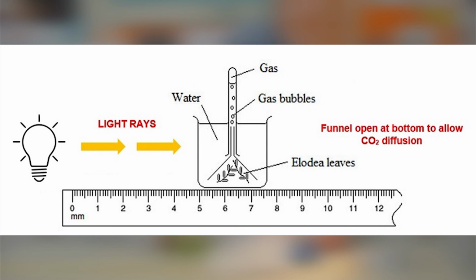After placing it near a light source at different distances, the bubbles of oxygen will get collected in the measuring cylinder, and you can read off the volume for each distance. We can also control the temperature in this way, as the large beaker acts as a heat shield.